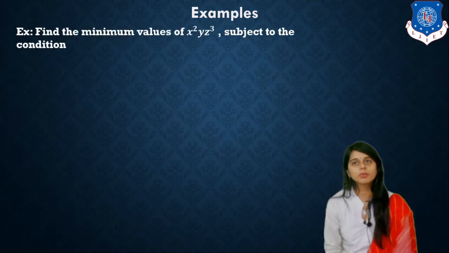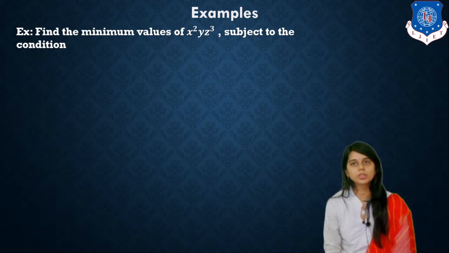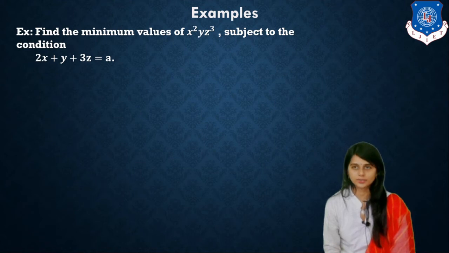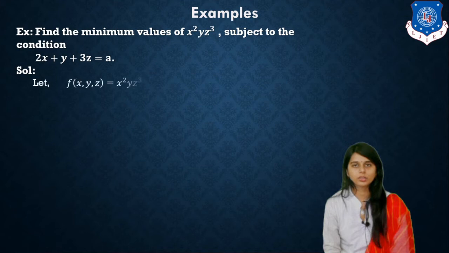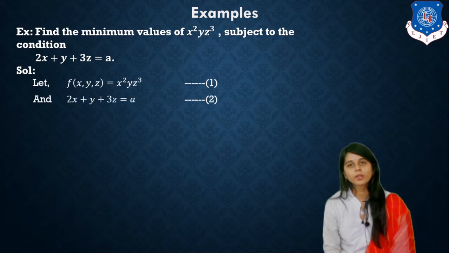Find the minimum value of x square y z cube subject to the condition 2x plus y plus 3z equal to a. So what is our function? The function is x square y z cube and the condition is 2x plus y plus 3z equal to a. Now the solution: f(x,y,z) is x square y z cube and 2x plus y plus 3z equal to a.